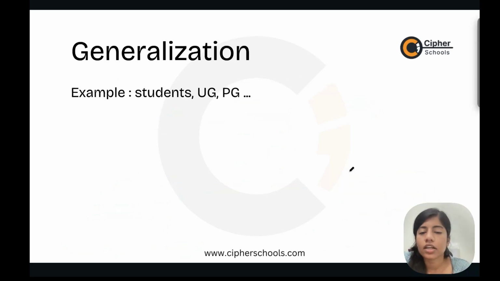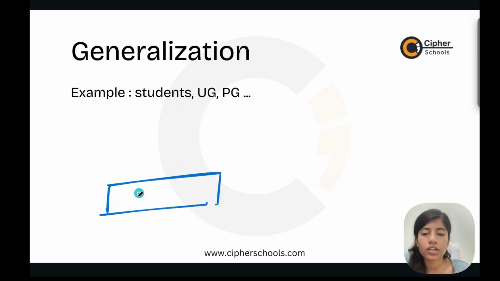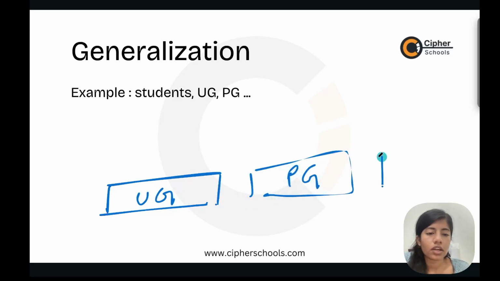Let us understand more with more examples, the same examples which we discussed for specialization, but with a different approach. Suppose in my college database, I have one entity as undergraduate students, another as postgraduate students, and one more entity as PhD students.